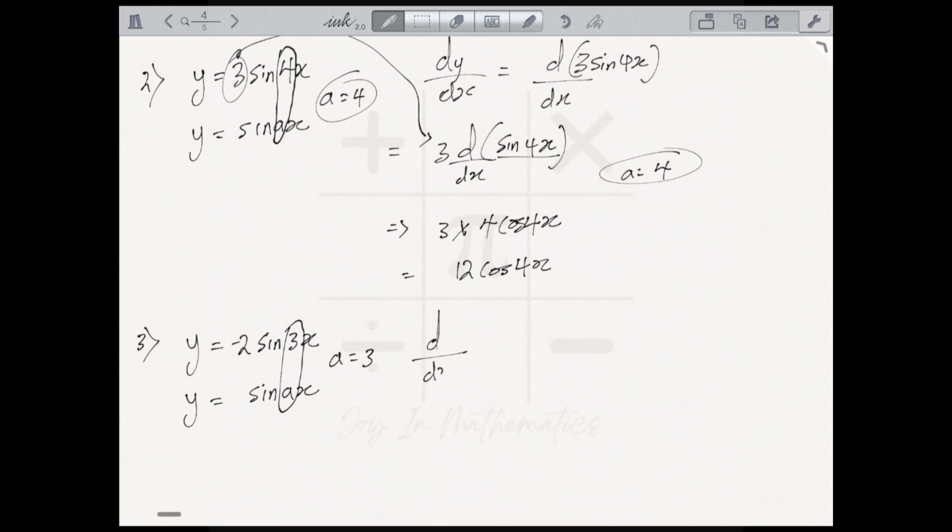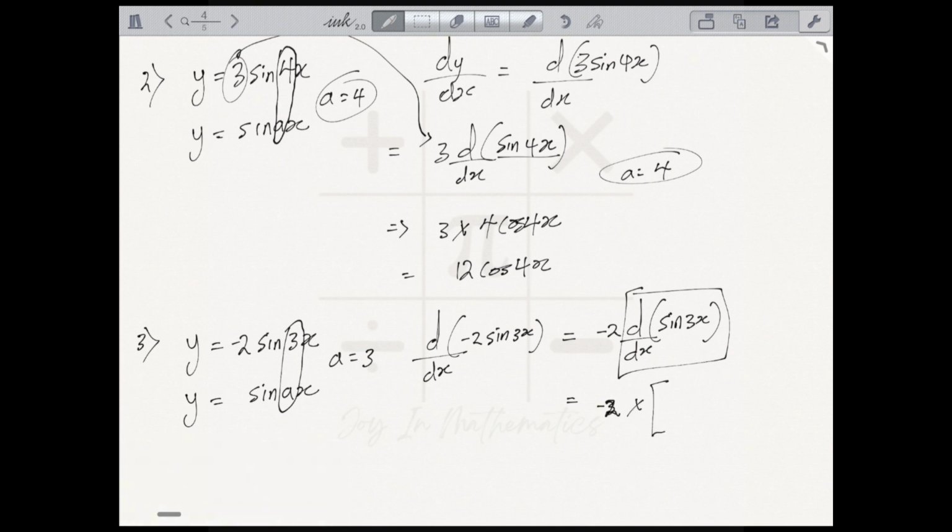Now differentiating with respect to x, minus 2 sin 3x is equal to minus 2 multiplied by the derivative of sin 3x. Now if you evaluate d/dx of sin 3x, because our a is equal to 3, it will give us 3 cos 3x.